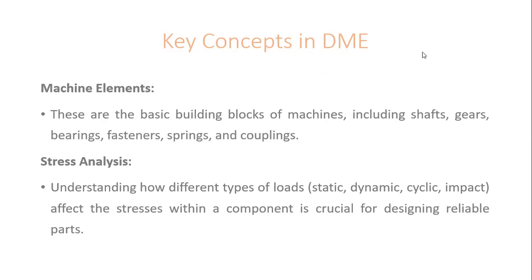The next one is stress analysis, understanding what are the various types of loads acting on a machine component, how it influences the stress within the component. So it is one of the most essential things for designing a reliable, successful machine part.